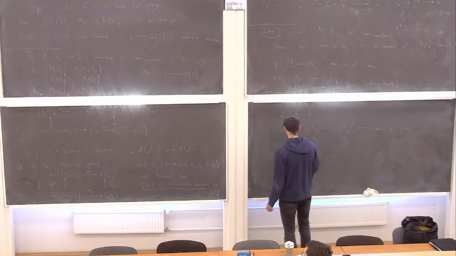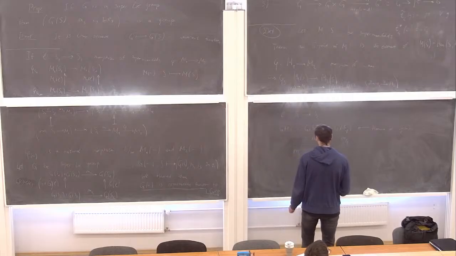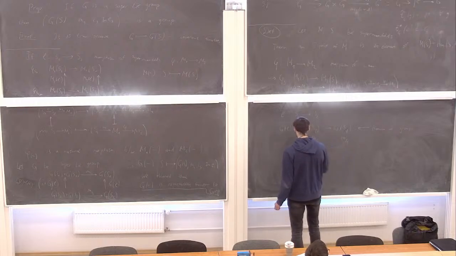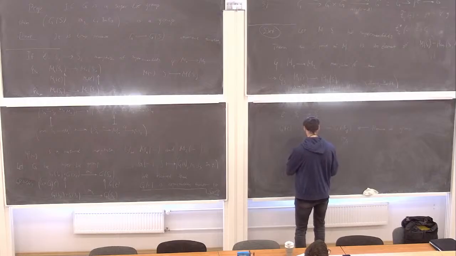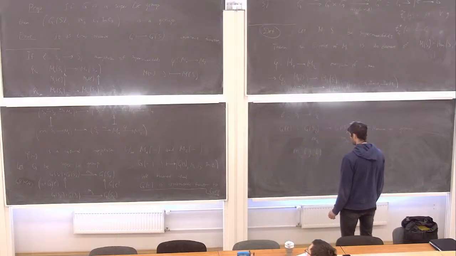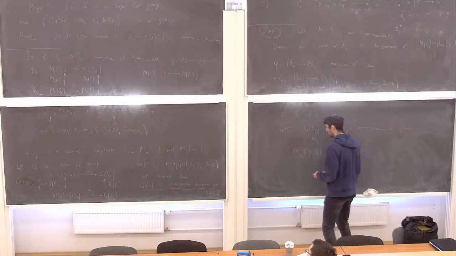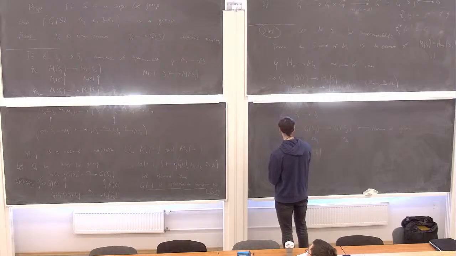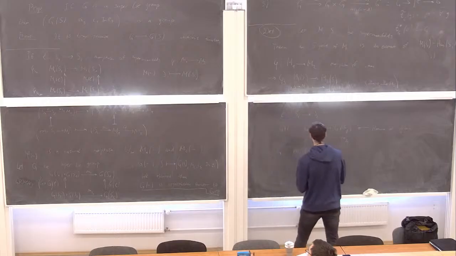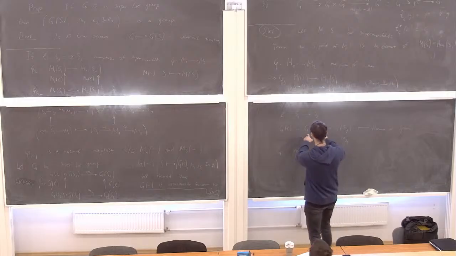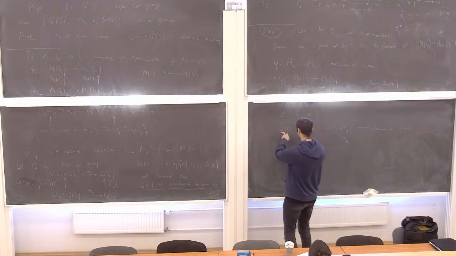And I need to see that if I apply MS2 to two elements in here, G and H, and then apply G of L, so this will be multiplication in here, and then I'm applying G of L, right?